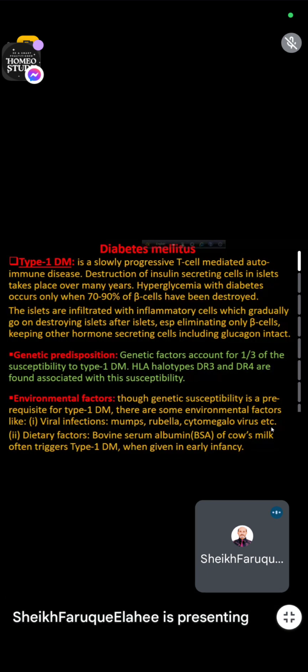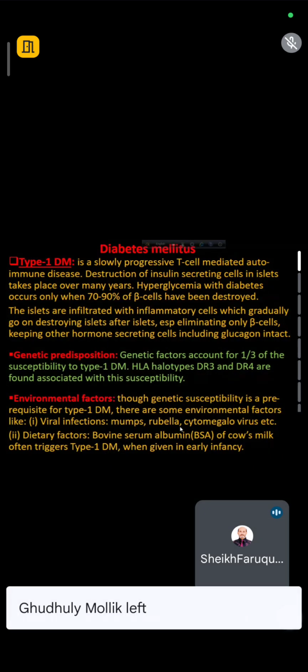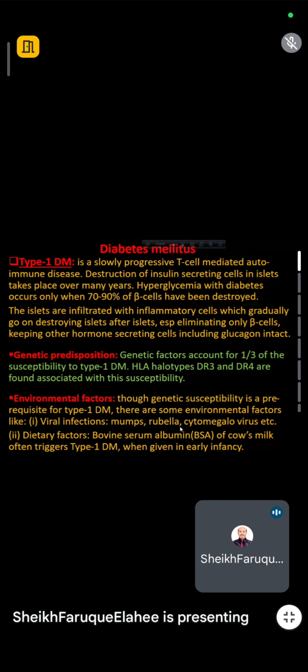Also, if a baby after birth takes cow's milk too much, this undiluted cow's milk is not good for the baby for a longer time, because there is bovine serum albumin in cow's milk. This triggers type 1 diabetes mellitus.